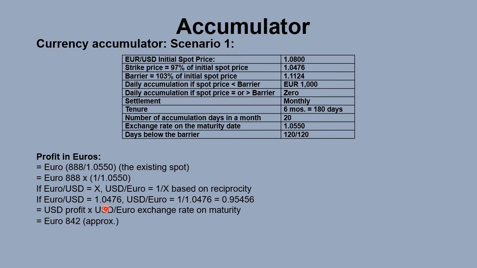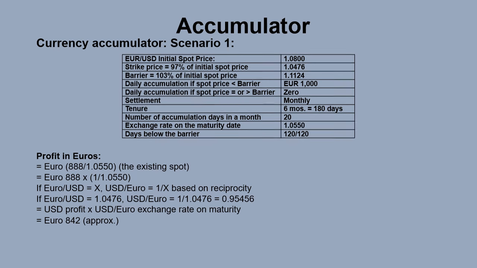For example, if the euro USD is 1.0476, the USD euro will be 1 divided by 1.0476, which is 0.95456. Therefore, you can consider the above term as the USD profit multiplied by the USD euro exchange rate on maturity. Now this comes to euro 842 approximately.